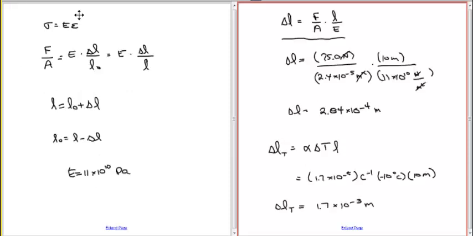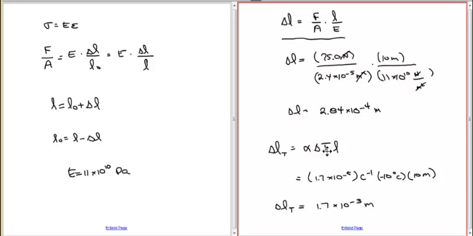So I found an increase in length associated with the tension of 75 newtons. Then I'm cooling it down so it wants to contract, so I have to pull harder to keep it from getting shorter.